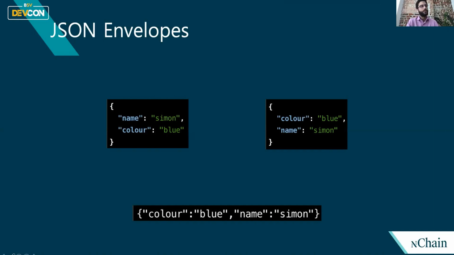So all 3 of these JSON objects are equivalent, but in order to sign something cryptographically with ECDSA, it has to be deterministic, because if you change 1 bit in what you're trying to sign, the whole signature is going to change and you won't be able to verify it. So you need a way of making the JSON object deterministic in order to properly sign it.